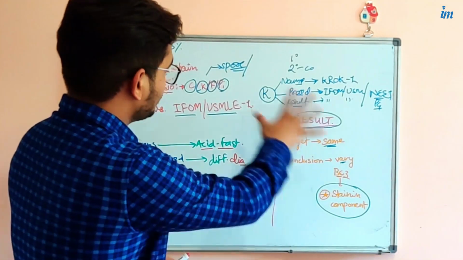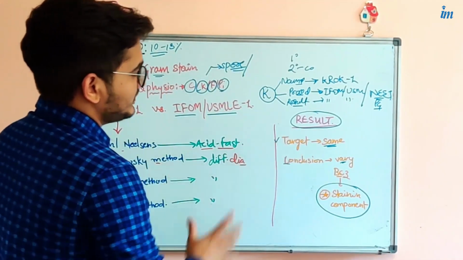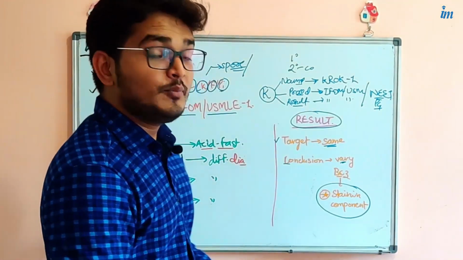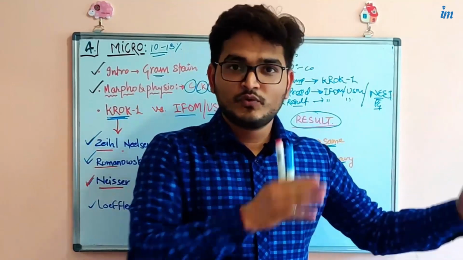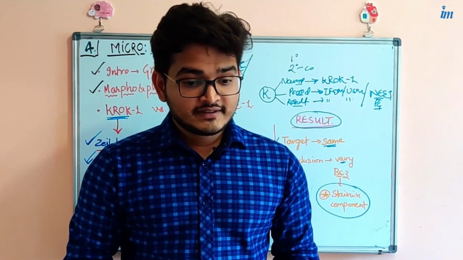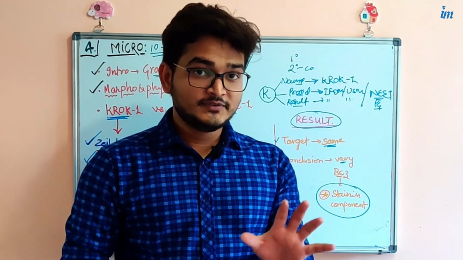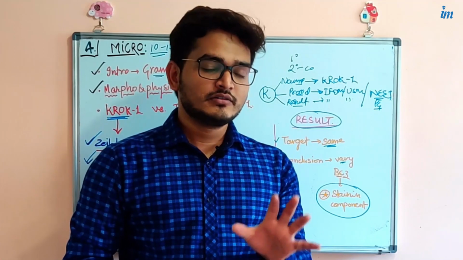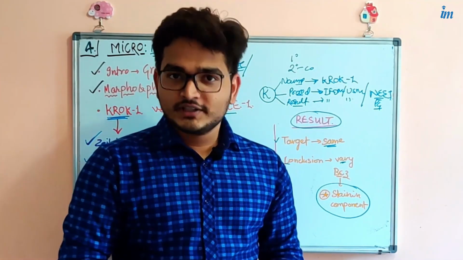In this video I told you about these staining methods which have been used. In the next video I am going to tell you a comparative analysis of these options. Trust me guys, there is gram stain, Ziehl-Neelsen, Romanovsky, Neisser and Loeffler. These five themselves are very important, and definitely you will face a question if you solve the Croc question every year.